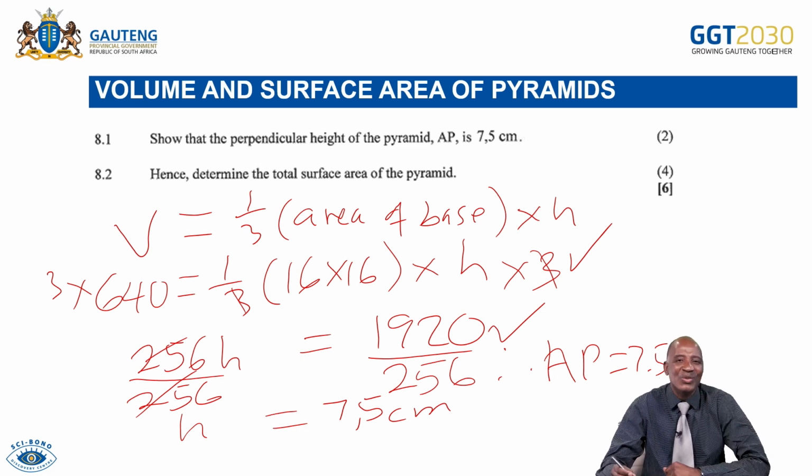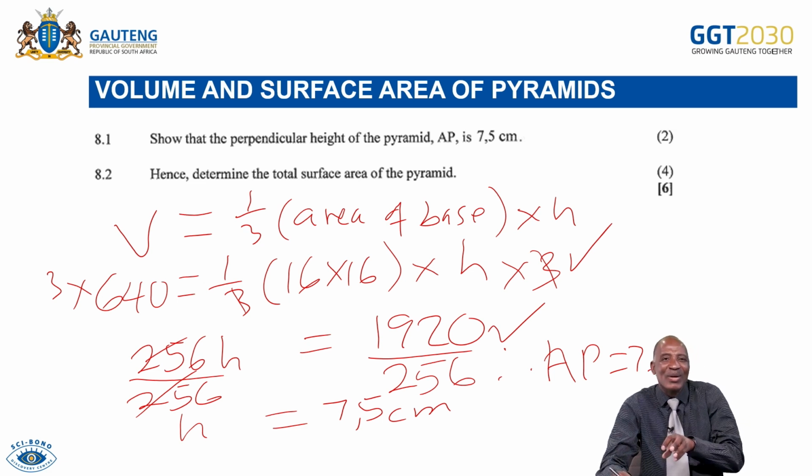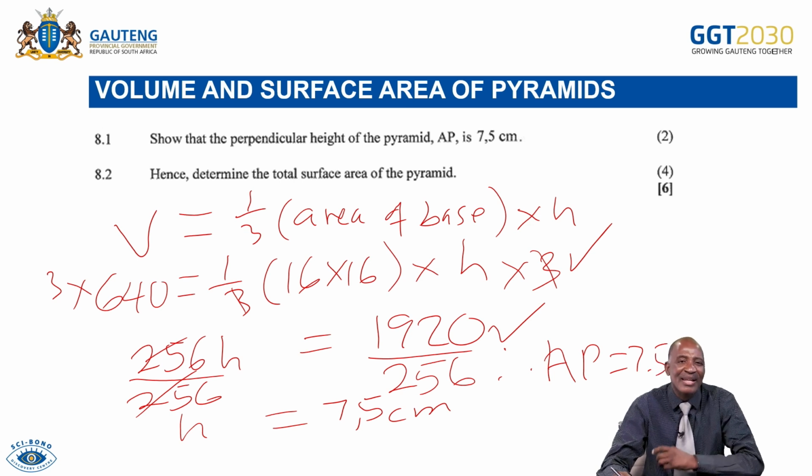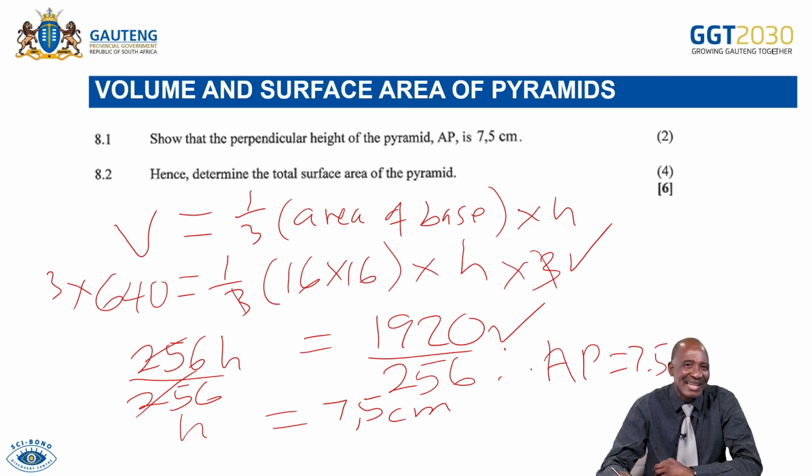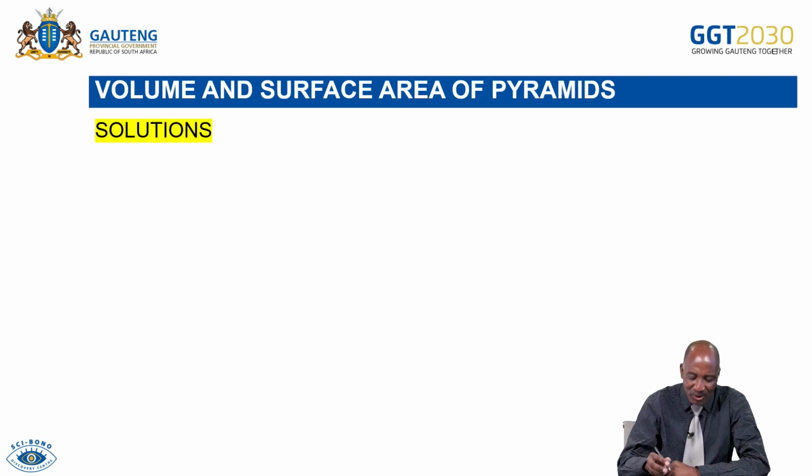Eventually, it will always lead to 7.5. In my case, I was simplifying piece by piece, but if you want to maintain 16 times 16 throughout, that is another way of doing it. What may not be different is the formula. The formula stays the same, especially in this case. Okay. All right. So we proceed.